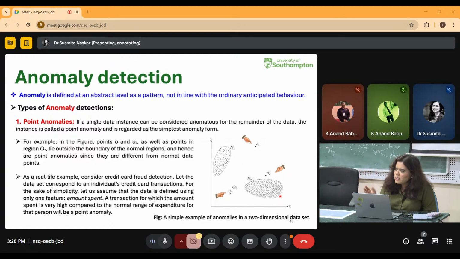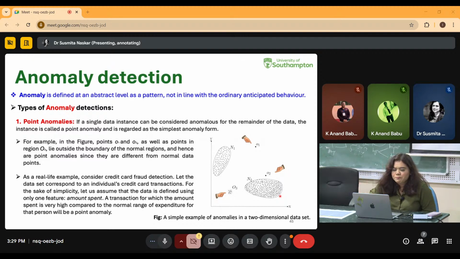We are only interested in the point that does not fit into the normal area, and that's the reason we raise the concern, right? So point anomalies are outliers, single unusual data points that can indicate an error, unusual events or fraudulent activities. This is the simplest way to identify that there is some kind of issue which we need to monitor.